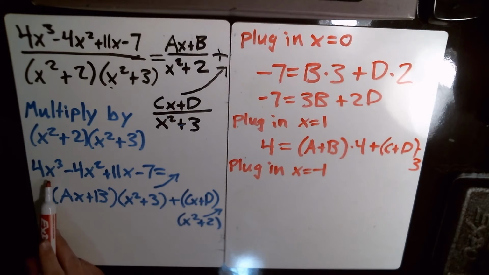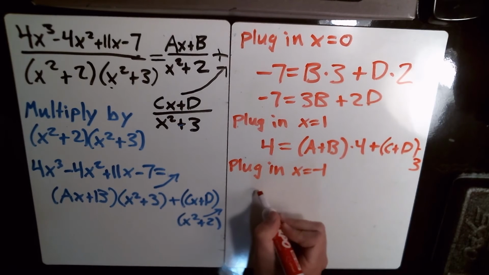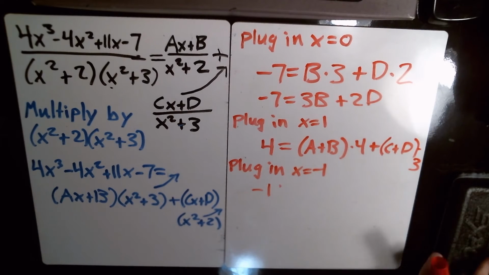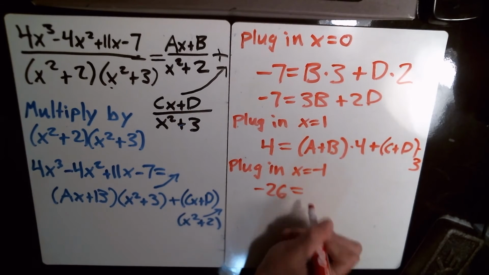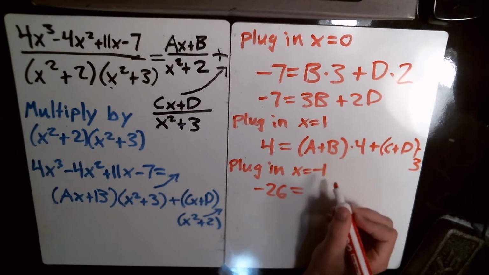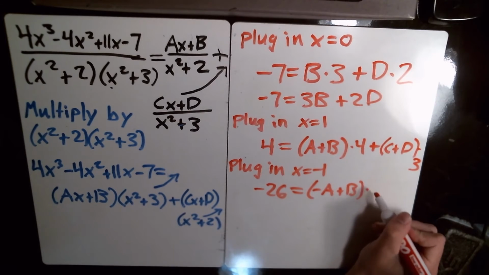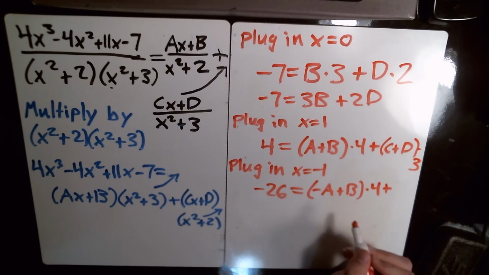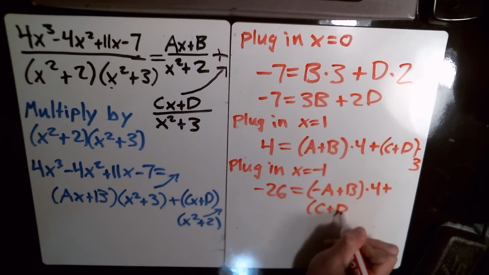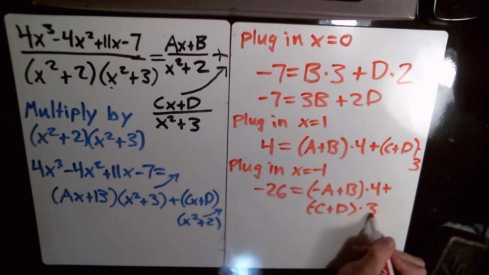So when I plug in -1, I get -4 minus 4 is -8, minus 11 is -19, minus 7, so -26 is equal to -a plus b times 4 again, and then plus c plus d, or -c plus d, and then times 3 again.